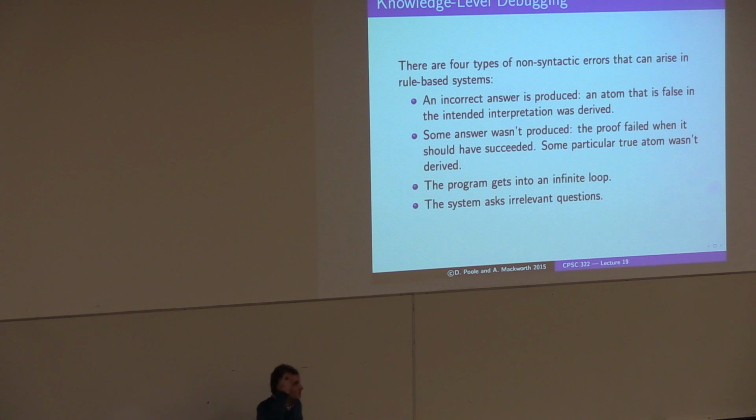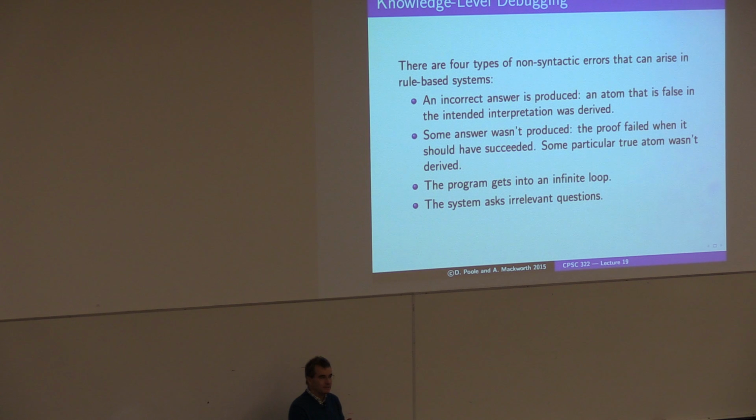First of all, we're going to talk about debugging knowledge bases, what we call knowledge level debugging, by which we mean debugging that depends on the meaning of the symbols, not how it's computed. Because we're going to do all sorts of different ways of computing things, and we'd like to use whatever implementation is most efficient, but then debug according to what things mean.